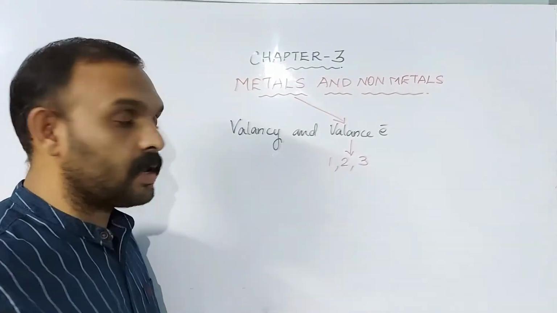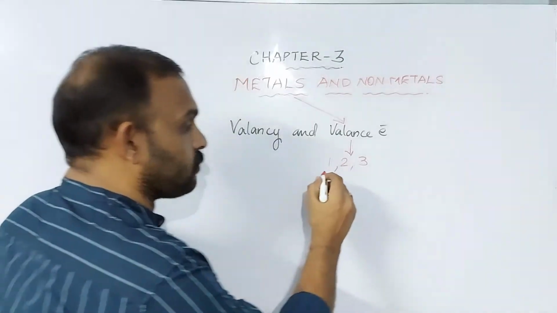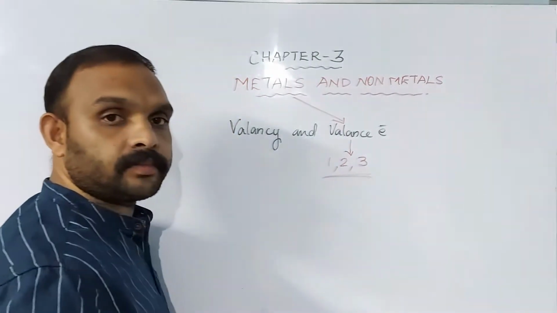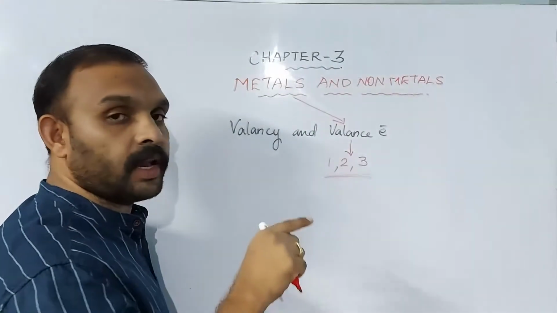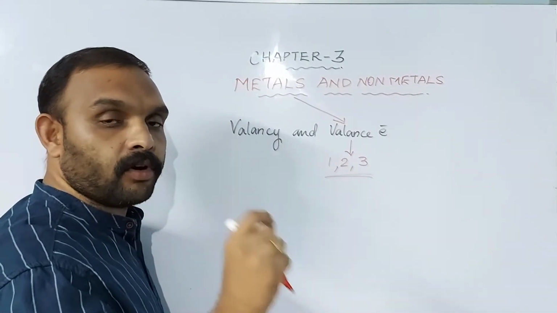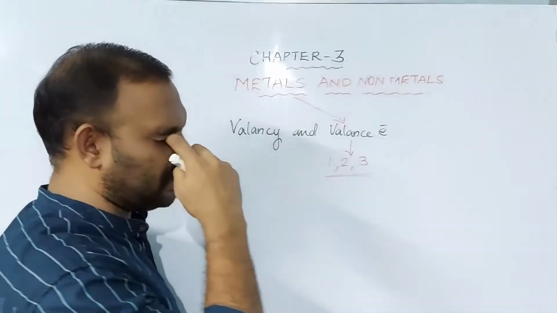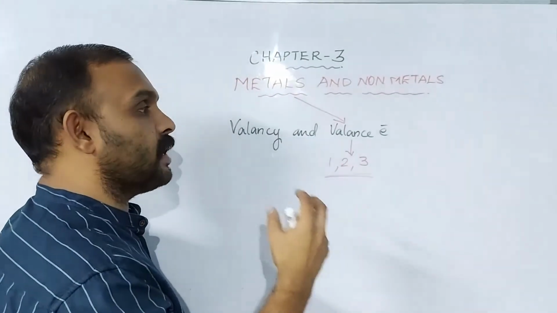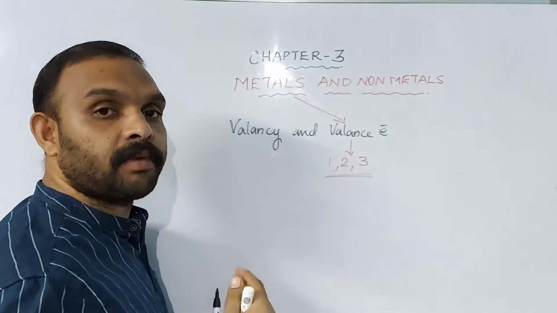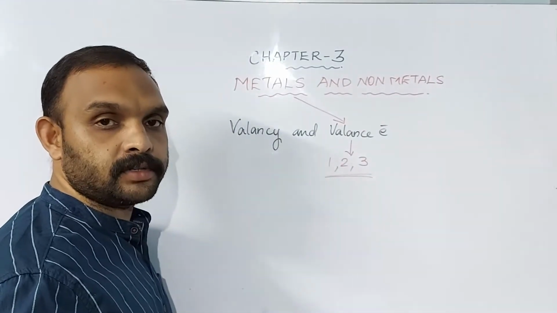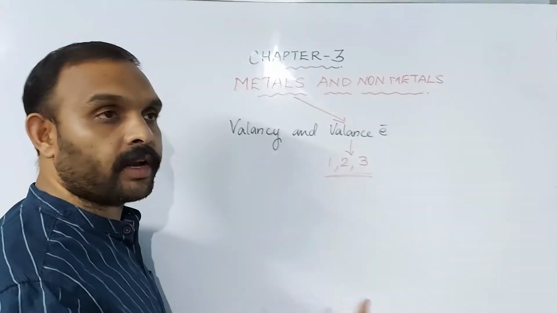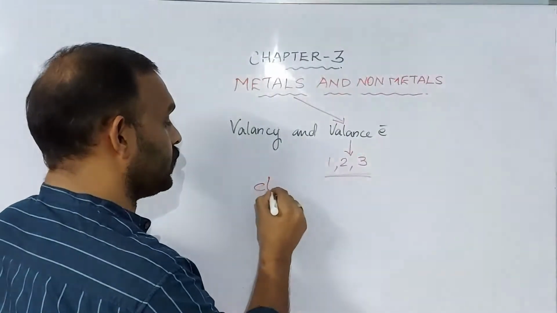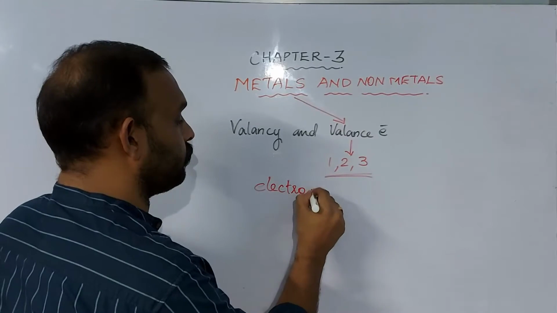Is it clear? Now, if 1, 2 or 3 electrons are there in the outermost shell, then that element will have the maximum tendency to lose the electrons. That losing of electron tendency or character is known as electropositive.